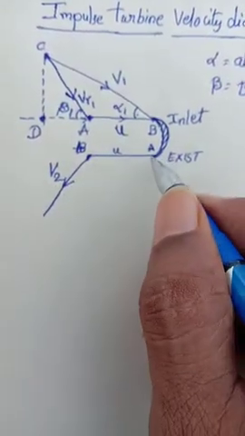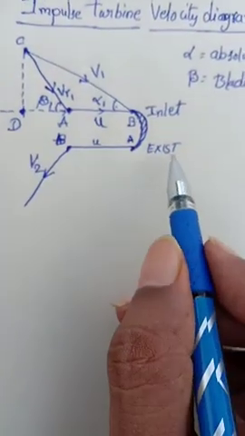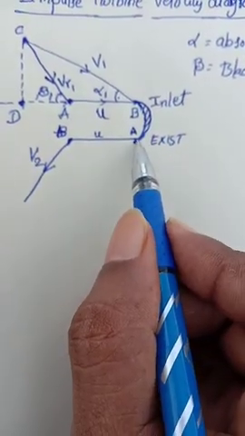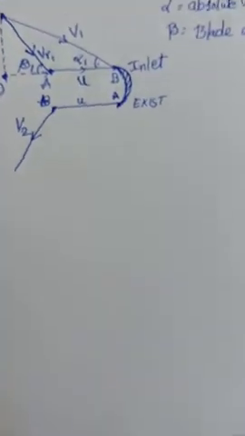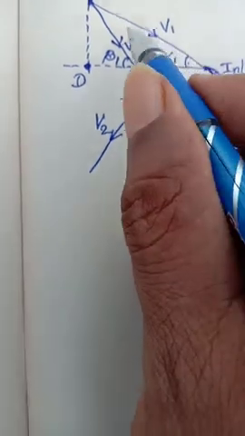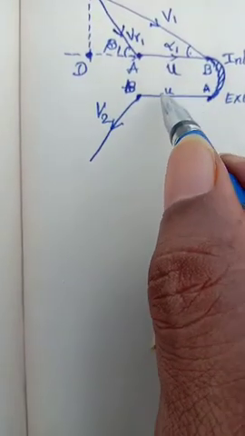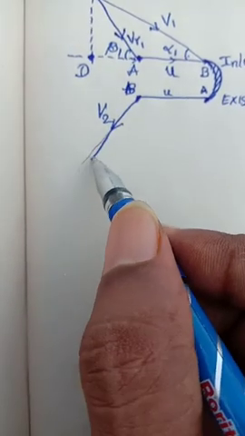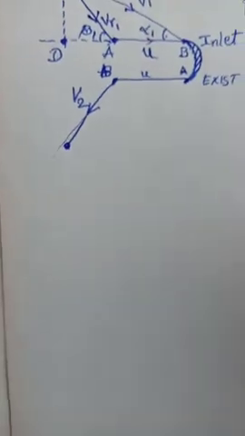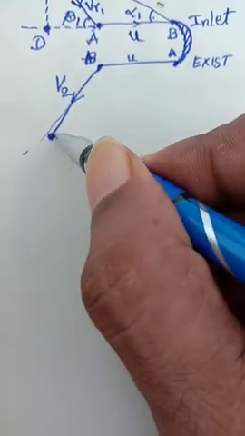Okay, so now here look at this in exit. Okay, in exit here consider one velocity clearly, and the flow velocity it will come with blade velocity going like this. Okay, so I put this point. Now here I join these two.